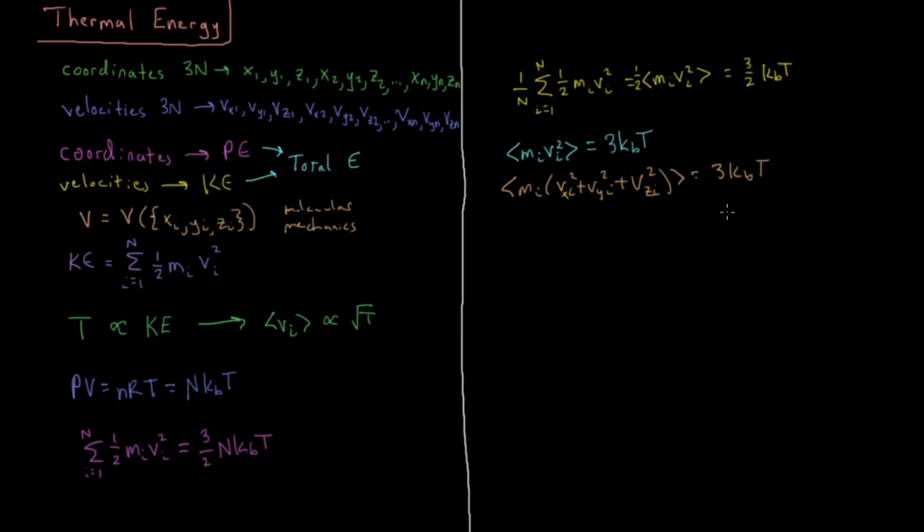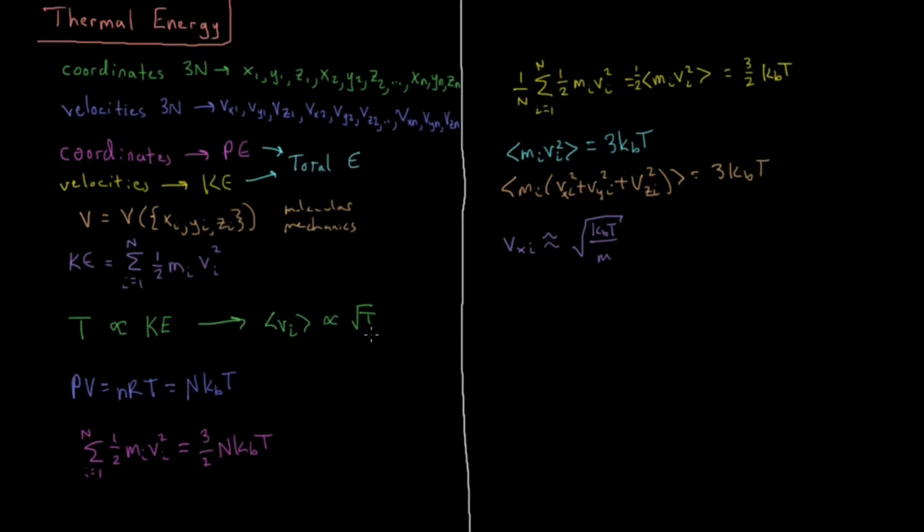If we divide by m and take the square root, the velocity of an individual coordinate of an individual atom is approximately the square root of kT over m, which is fairly similar to the result you get from the kinetic theory of gases.